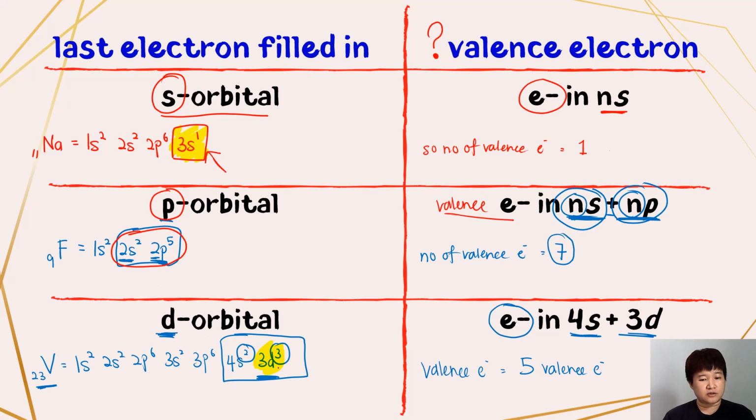If the last electron that you put in is in the d orbital, the valence electrons will be those in the 4s plus 3d. Okay? So let's do some examples.